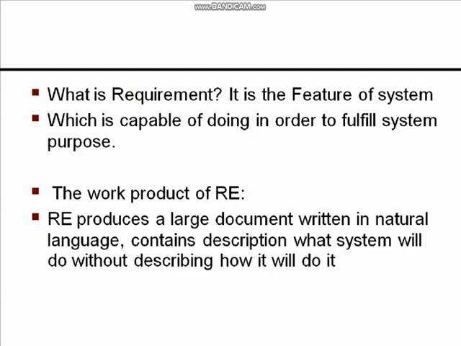A requirement is a feature that the system is capable of providing in order to fulfill the system's purpose. The work product of requirement engineering is a large document written in natural language, containing a description of what the system can do without describing how.